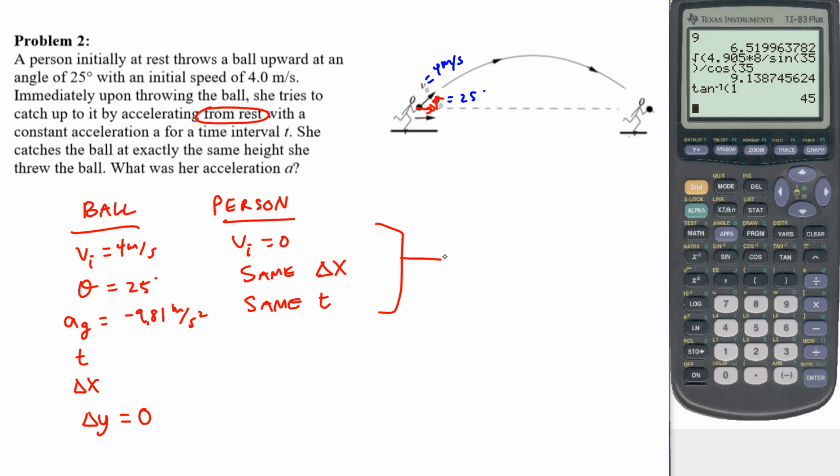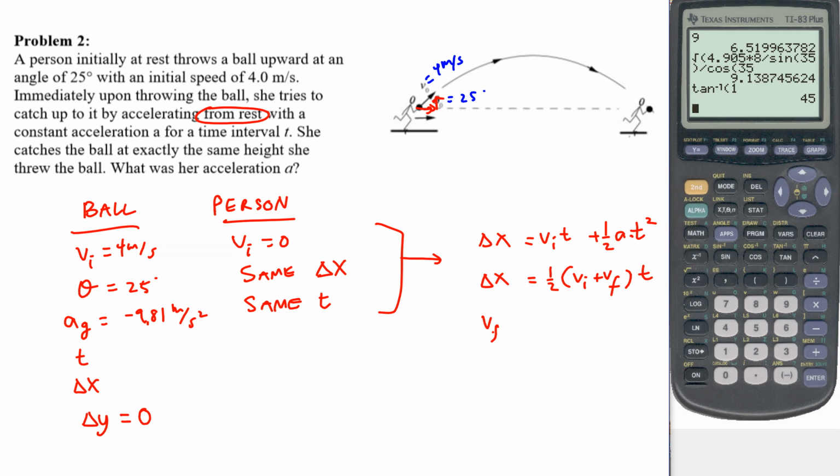So here's our method. The person accelerates. We know we need to use one of these equations for the person. Her acceleration is not 9.81 because she's not in free fall. She's on the ground. Just the ball is in free fall. So we're going to need one of these equations. Which one, I don't yet know.